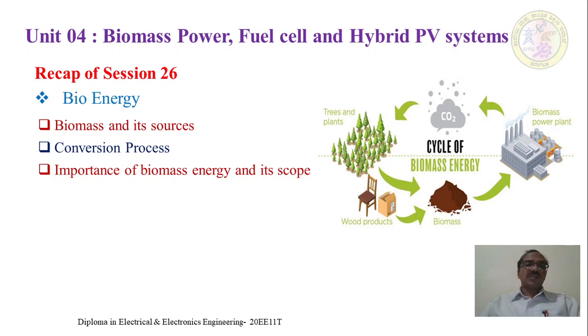Decentralization of the units is important because in remote villages or faraway places, it is not economically feasible to have transmission and distribution lines. Rather than having long transmission and distribution lines, we can have their own power plant to supply such clusters. So these were the importances which we discussed in the previous class.